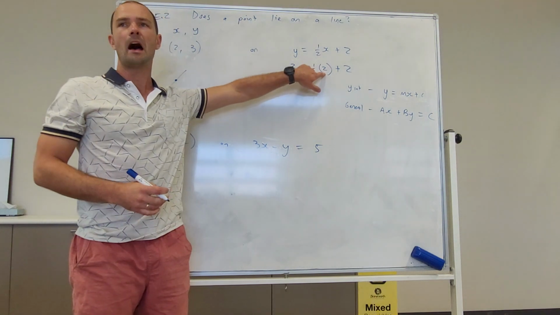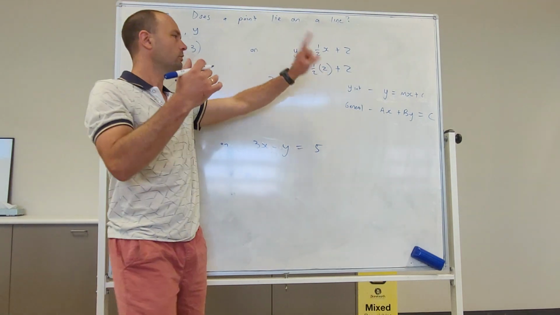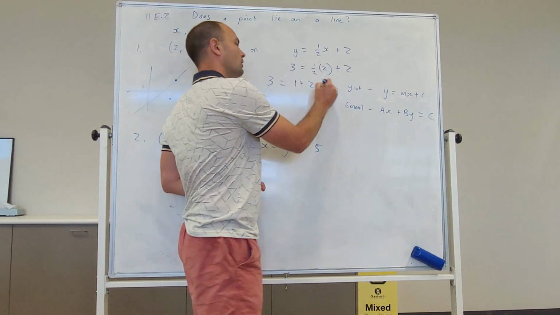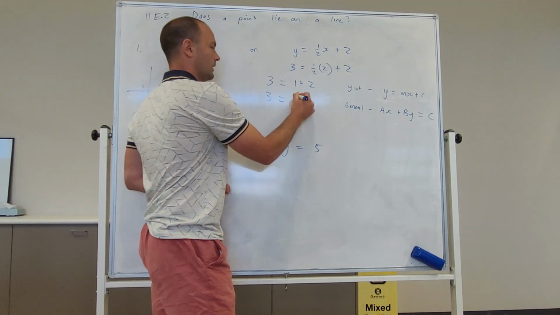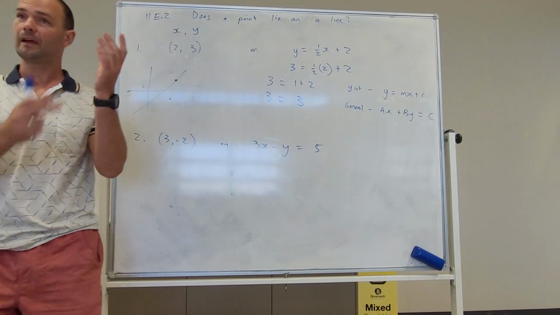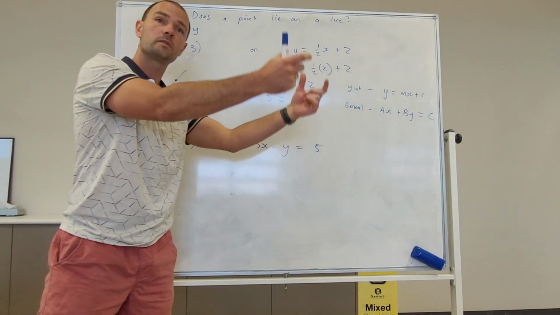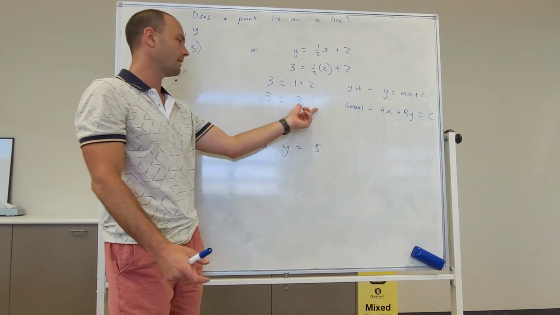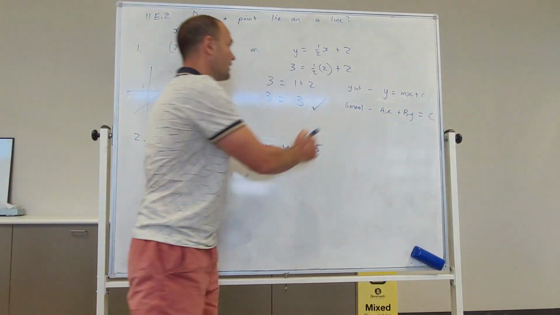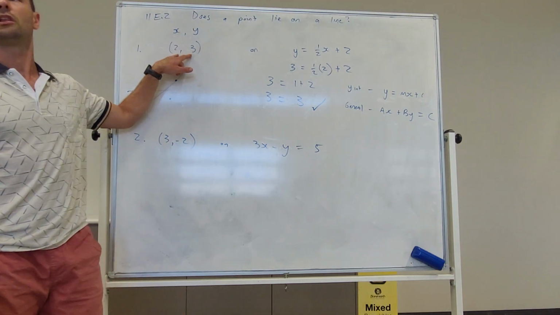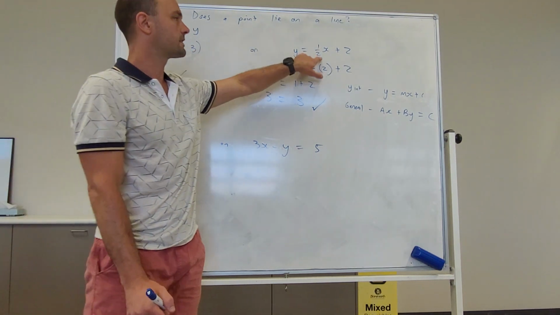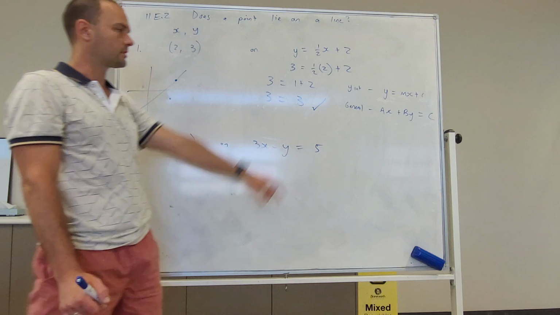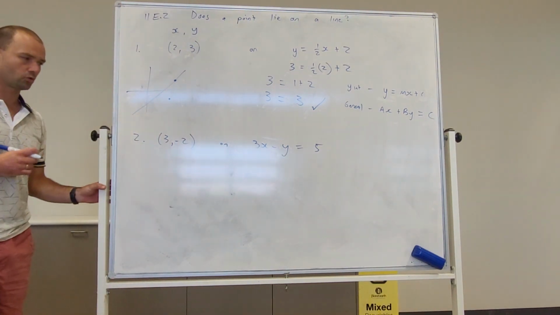On this side we have half times 2, that's going to be 1. 1 plus 2 is 3. So here we have the left-hand side equals the right-hand side. 3 is equal to 3, they're the same value. Therefore, yes, this coordinate lies on this line. We can affirm this is true.